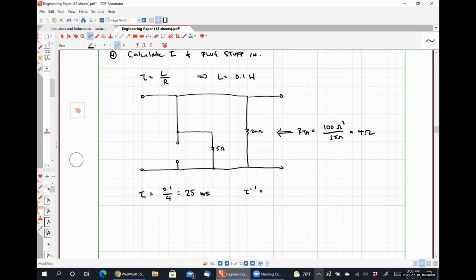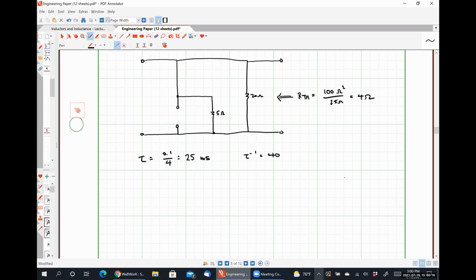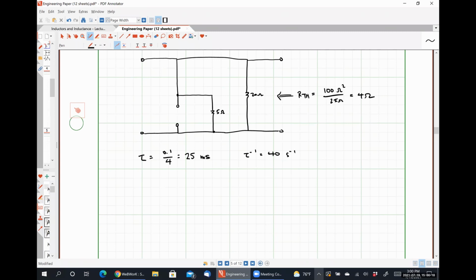Tau to the -1 is then 40, so that's just simply R over L per second. And so our inductor current as a function of time will be, so what was IL at 0 minus? 2 amps.